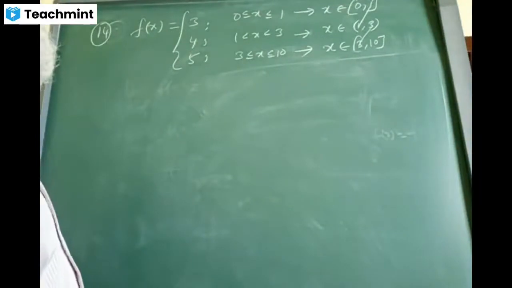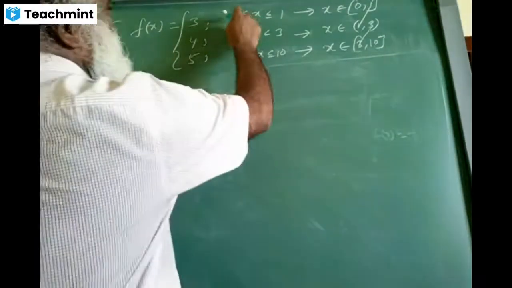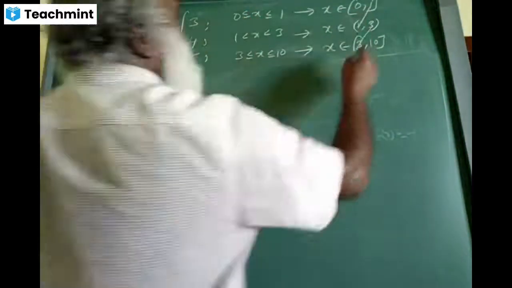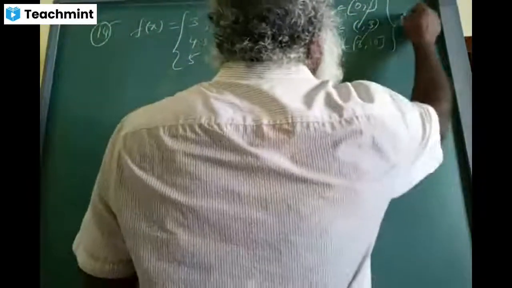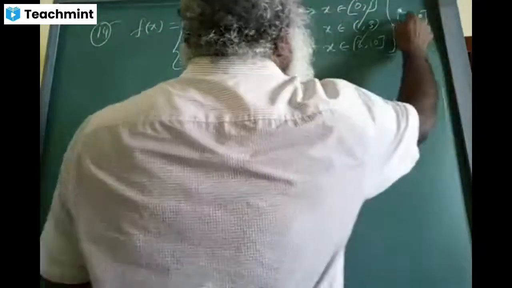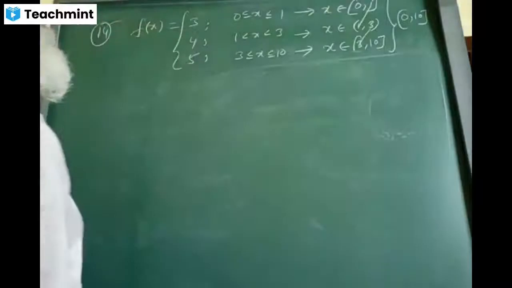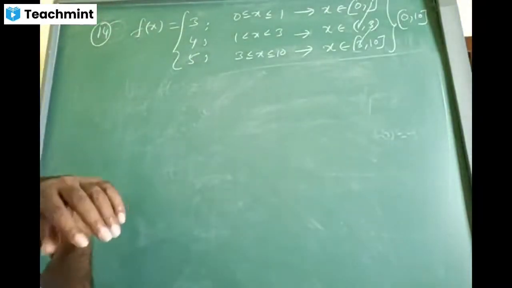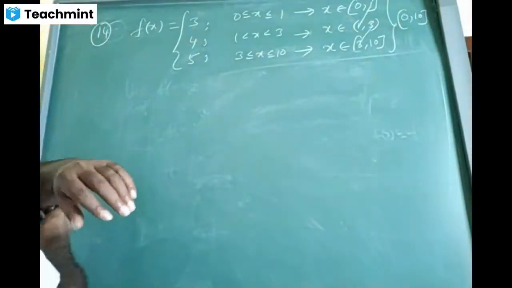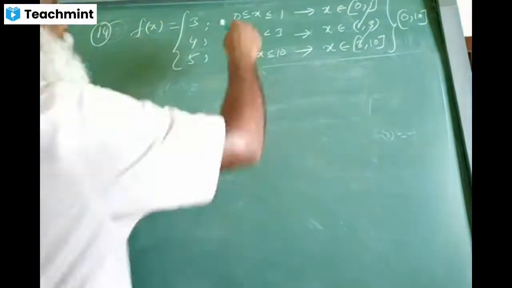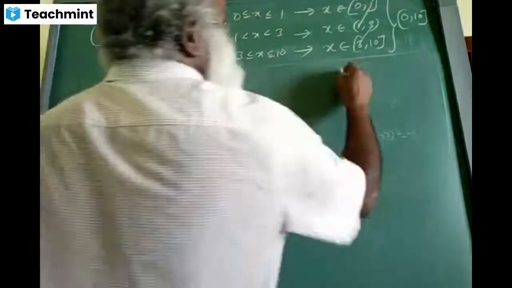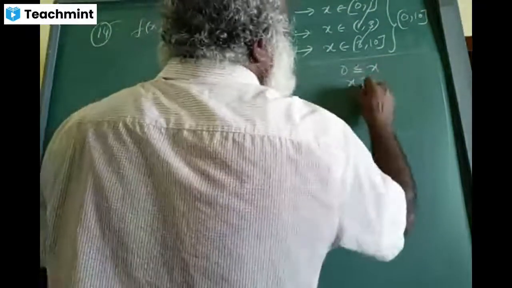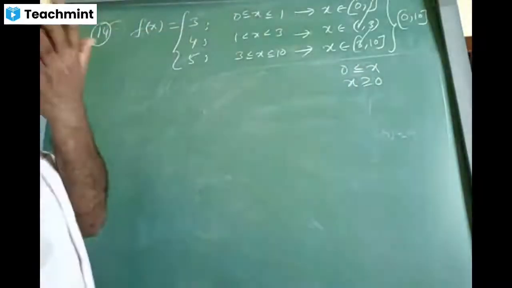Friends, now let us take first 0. 0 is the extreme. See, the total interval is 0 to 10. We discussed earlier, at 0 we need 0 plus also, right? This is nothing but x is more than or equal to 0.